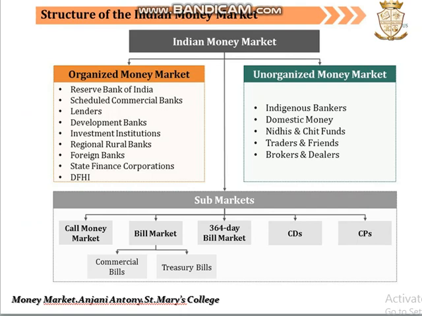Organized money market comprises Reserve Bank of India, scheduled commercial banks, lenders, development banks, investment institutions, RRBs, foreign banks, state financial corporations, DFHI. And unorganized money market deals with indigenous bankers, money lenders, nidhis, chit funds, traders and friends, brokers and dealers.